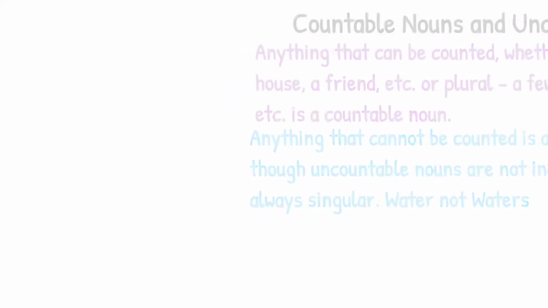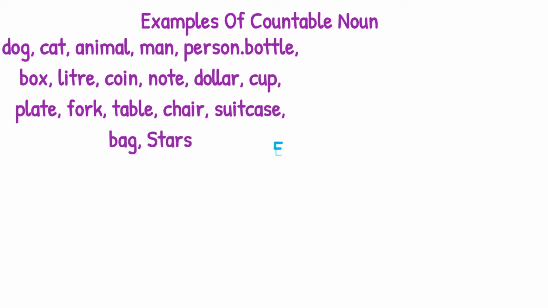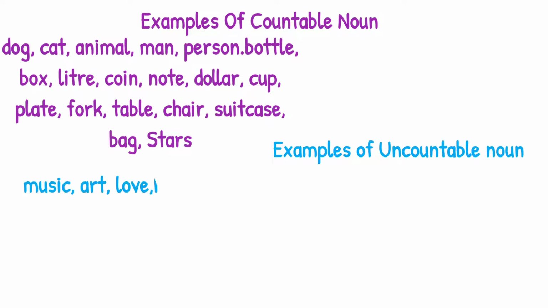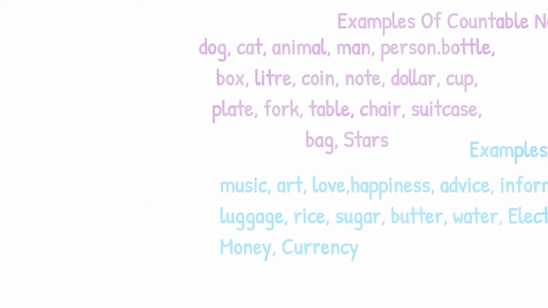Water, not waters. These are examples of countable and uncountable nouns. The following countable noun examples will help you to see the difference between countable and uncountable nouns. Notice that singular verbs are used with singular countable nouns, while plural verbs are used with plural countable nouns.